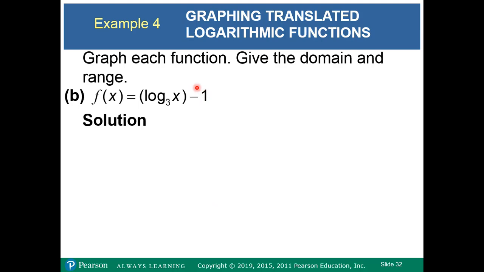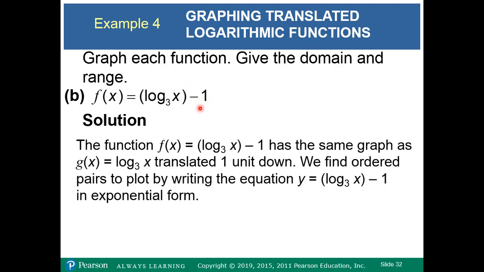Now in this case, we have this log function, but we're now subtracting 1 from outside the function. So this is going to be a vertical shift down. We're going to focus on this, plot it, and then move it down to get the transformation.